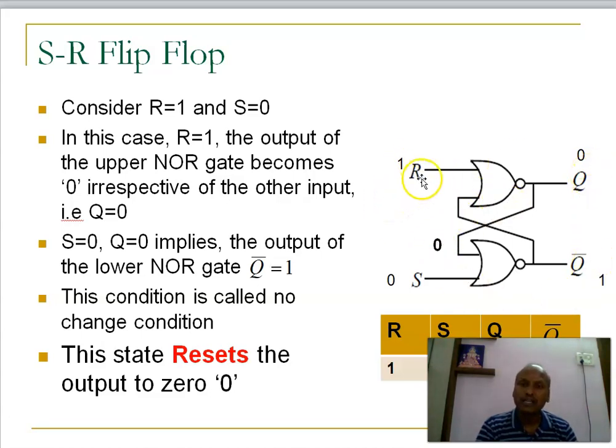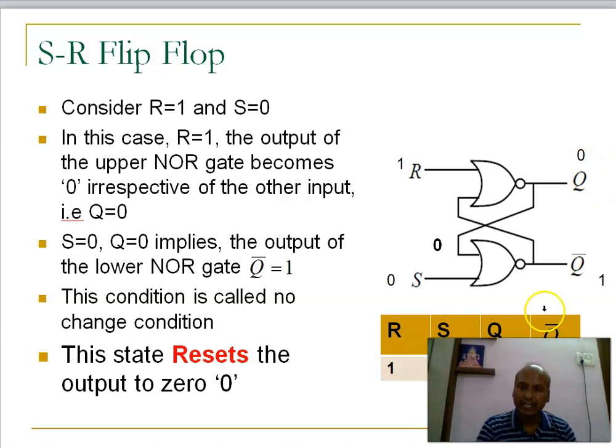So reset makes the output 0. When R is 1 and S is 0, the output is 0 and its complement is 1. Right? When I make set 0 and reset 1, the output is reset to 0. Reset means setting the output to 0.